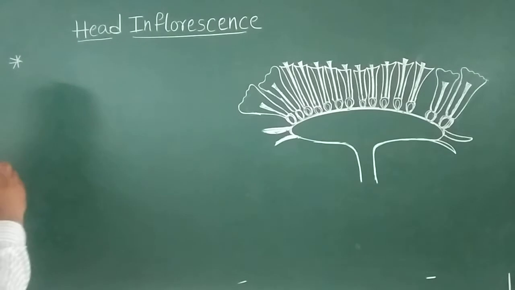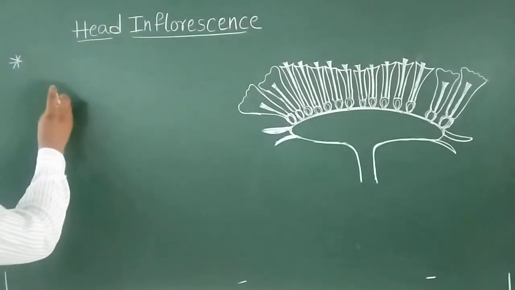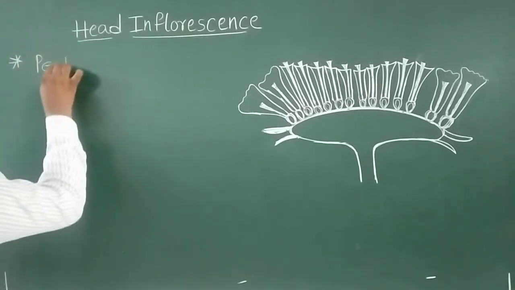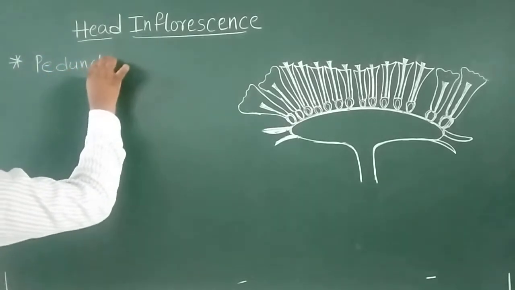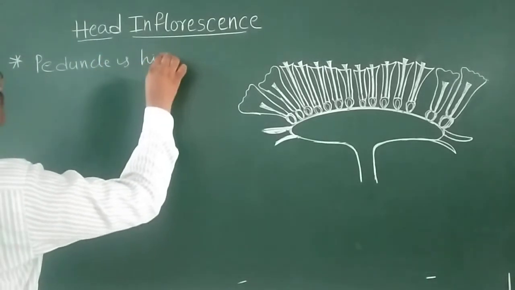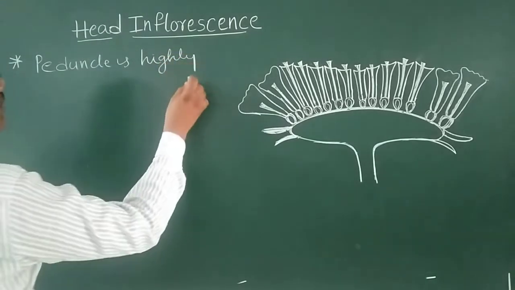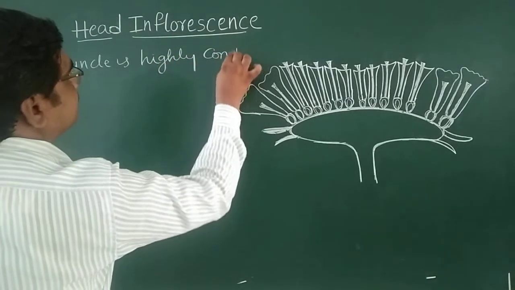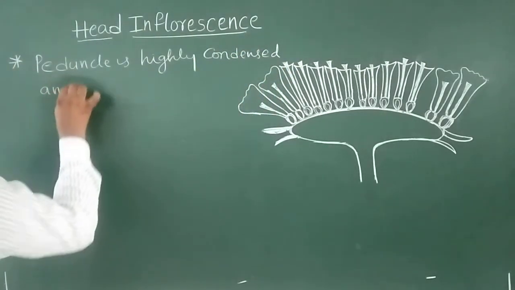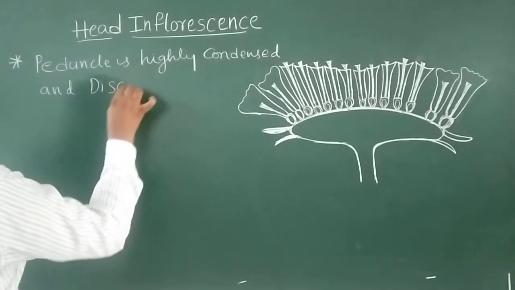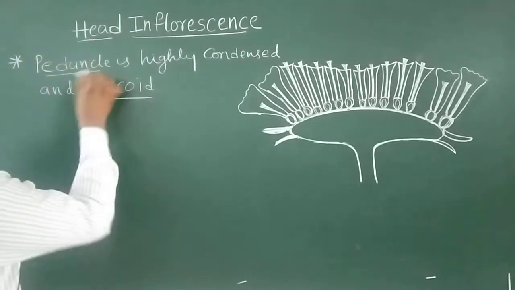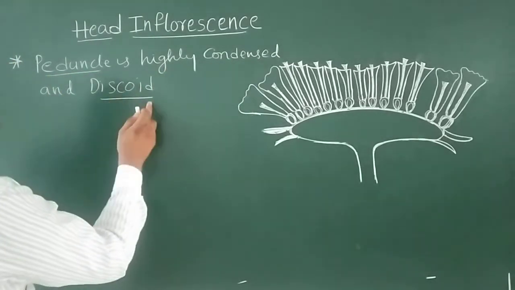In the head inflorescence, the peduncle is highly condensed and discoid shaped.